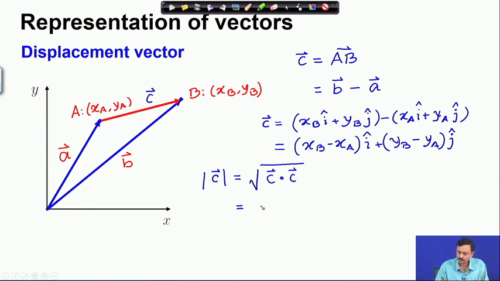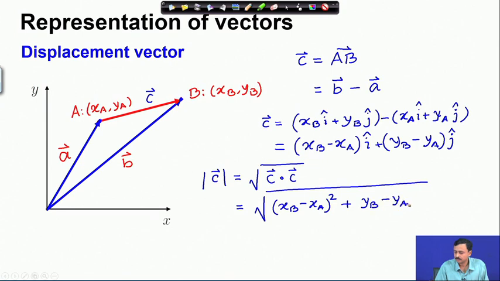So, this turns out to be under root of x b minus x a whole square plus y b minus y a whole square. So, that is the magnitude of vector c, which is the length.